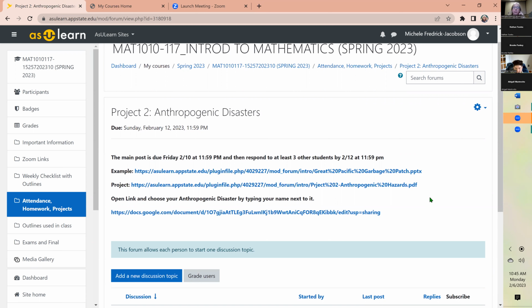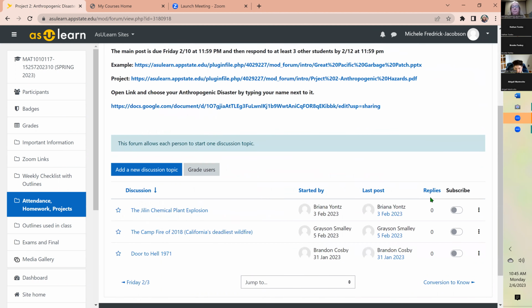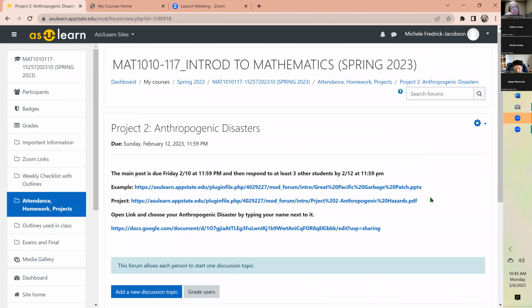And then you respond to at least 3 students by Sunday. And any questions on it? Only a couple people have done it so far. Any questions? There's a sample one right here, and then the steps for the project. And this one tells you what your disaster is. Any questions?